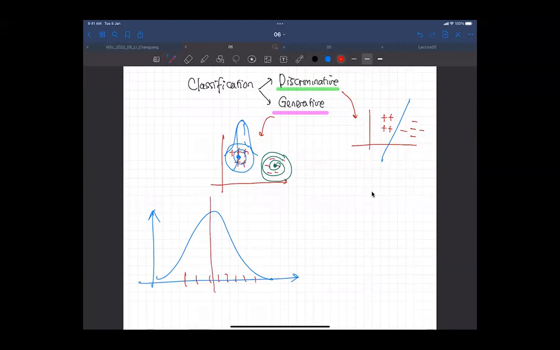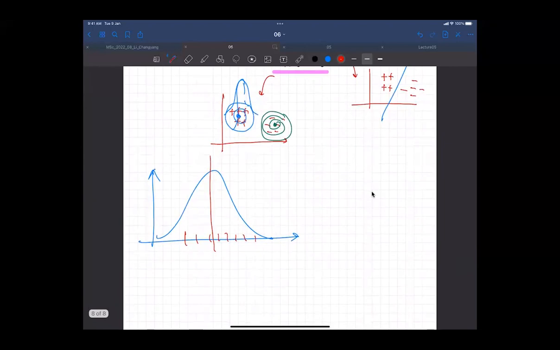If you sample from this Gaussian function, which value will most likely be chosen? If you sample the data 100 times, this 100 data will concentrate in which value? The mean, exactly. You can have this value here, and sometimes you get a value there. It means that if you know the distribution, you can do sampling. Sampling means generating data.